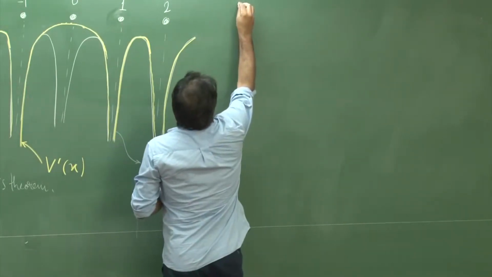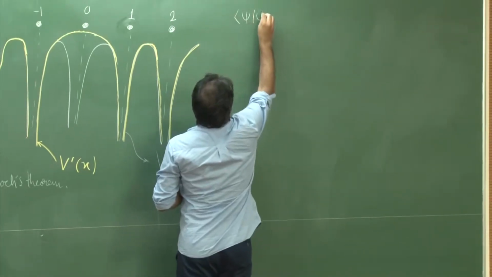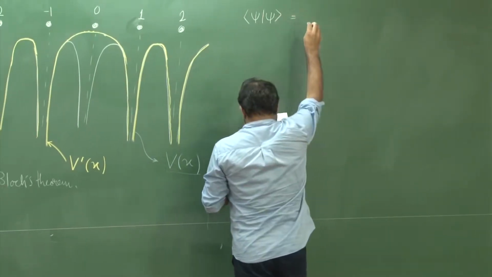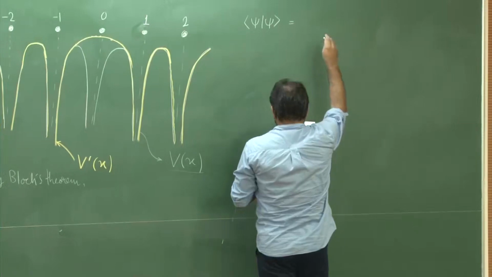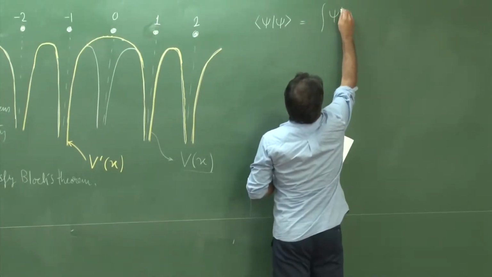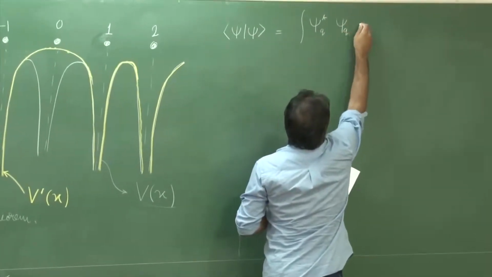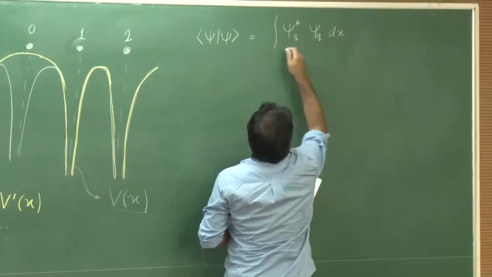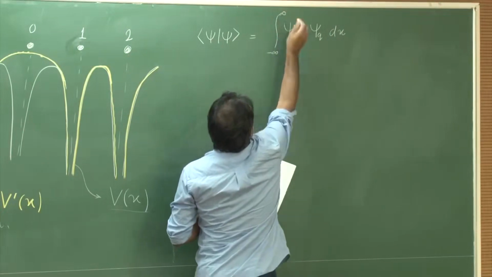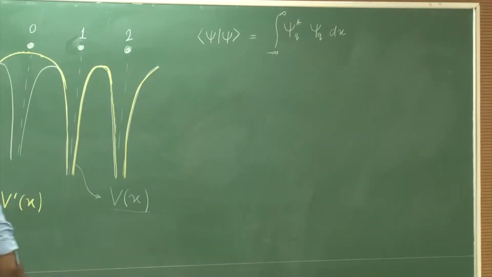So the denominator is the integral of psi star q, psi q, dx. X is going from minus infinity to plus infinity, right? Now plug in psi q, you have it over here.